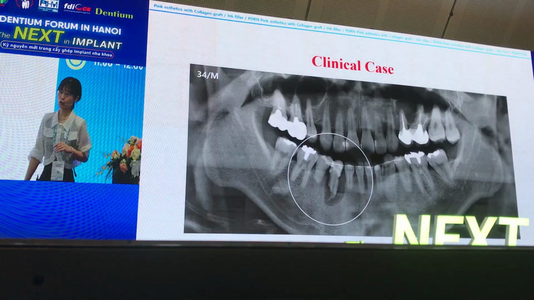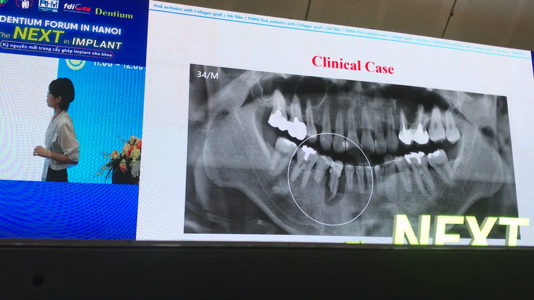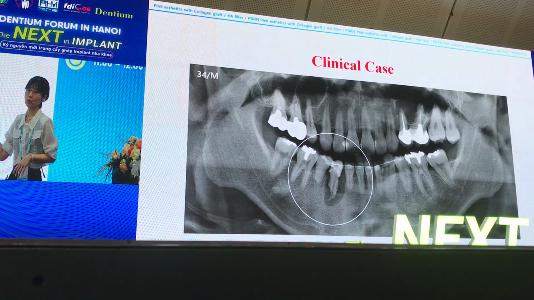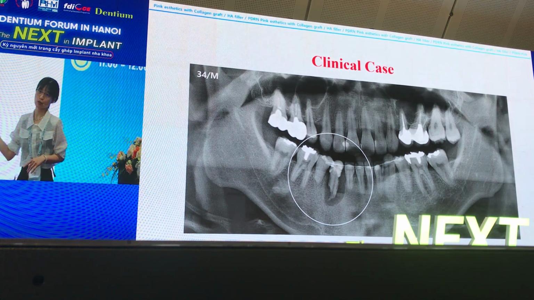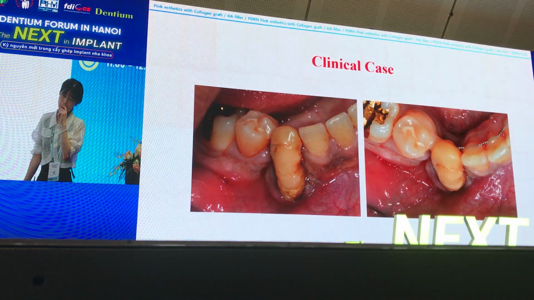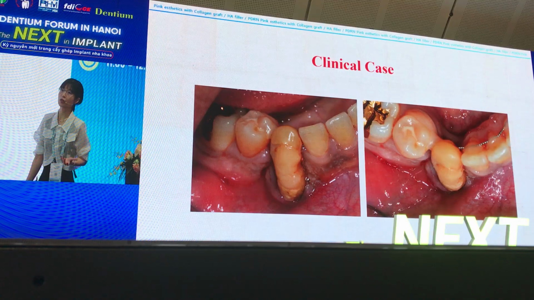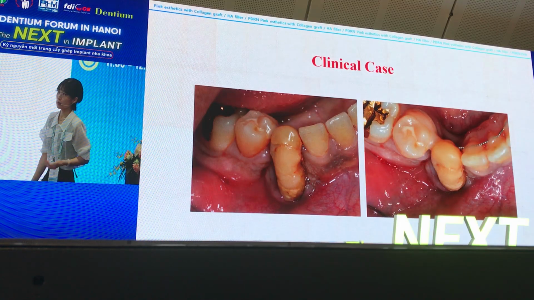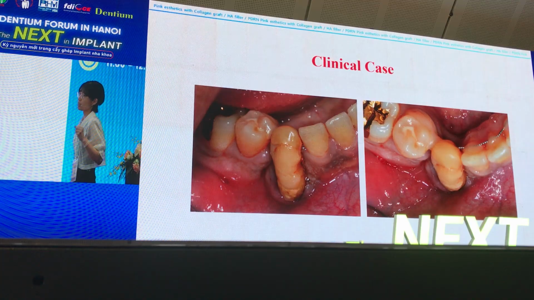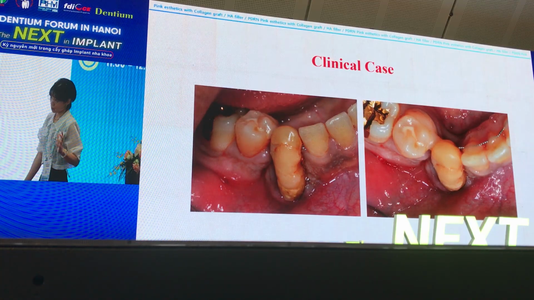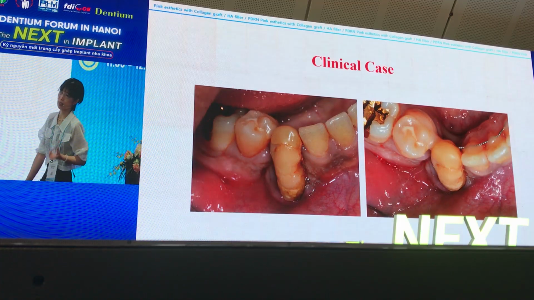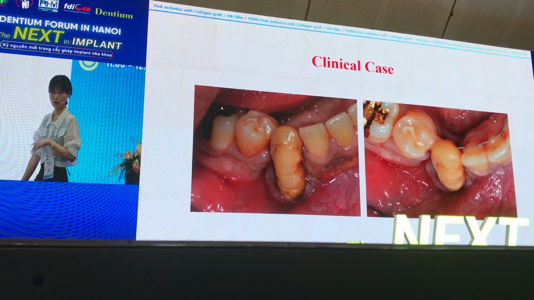So I would like to share my clinical cases. This patient had severe bone reduction, right? You can see that he also had severe soft tissue reduction. So because of the severe bone and soft tissue reductions, we can think of delayed implantation, right?